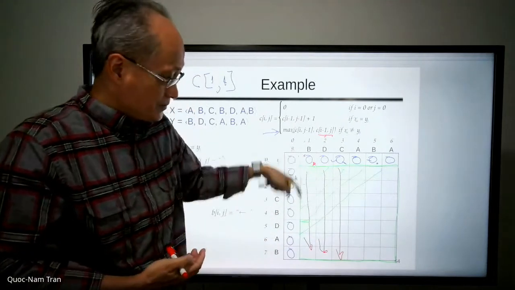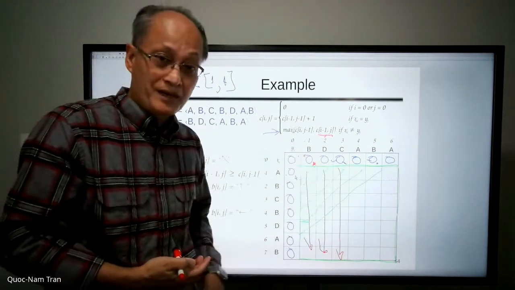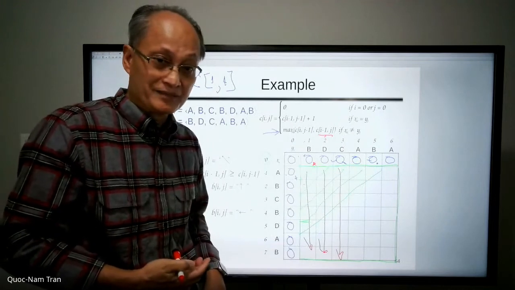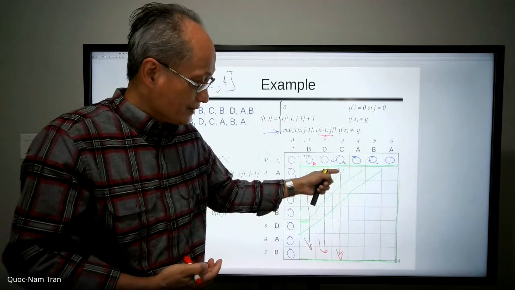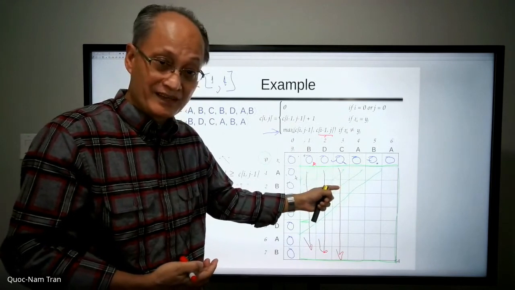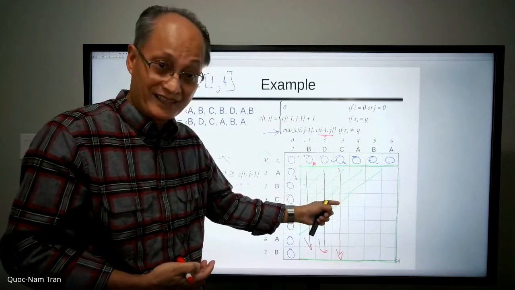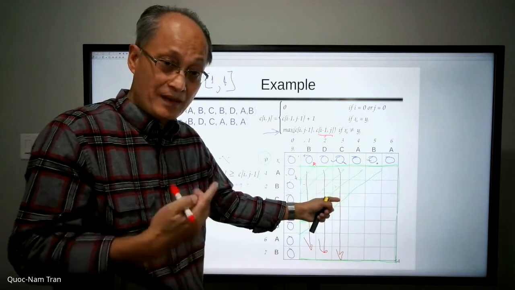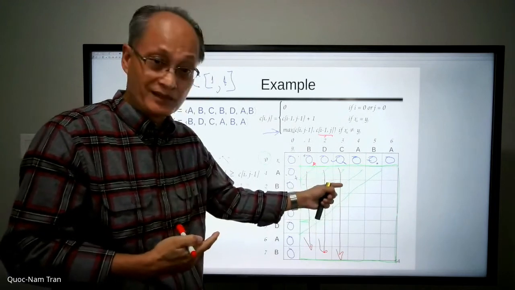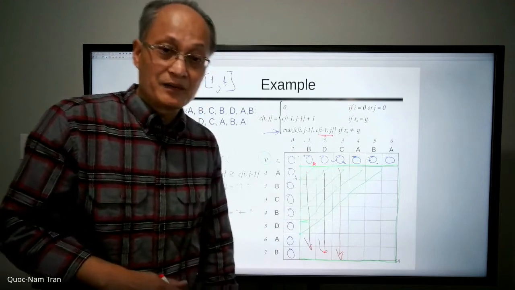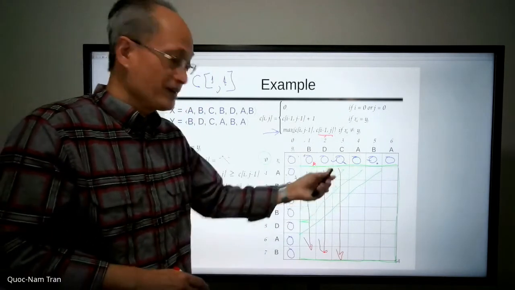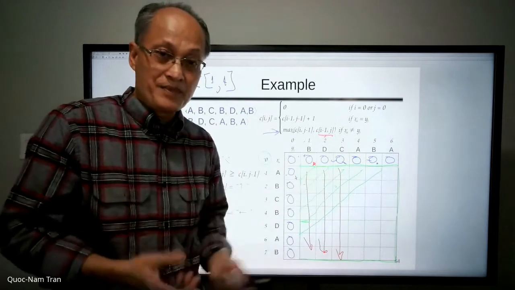But if you go row by row or column by column, you cannot do it because you cannot have the first CPU working on this and then the second CPU working on this, the third one here, right? Because they still have to wait for the previous CPU. So that's why we have the third way, and the third way is the most popular way when you have multiple CPU.